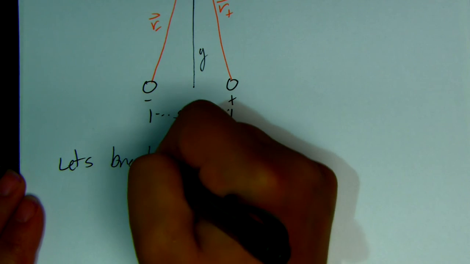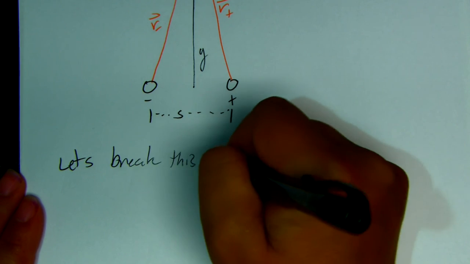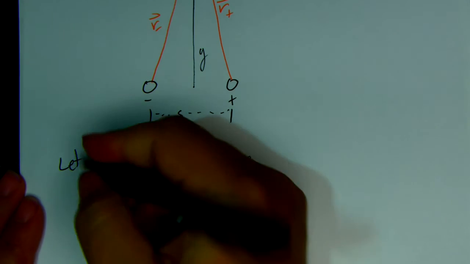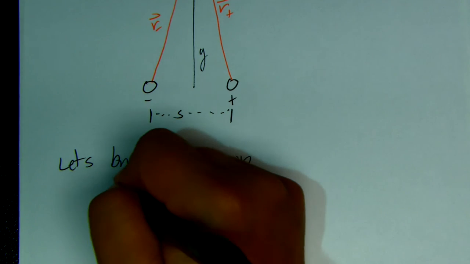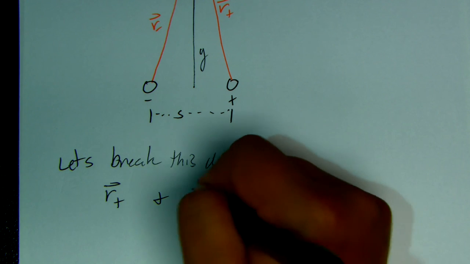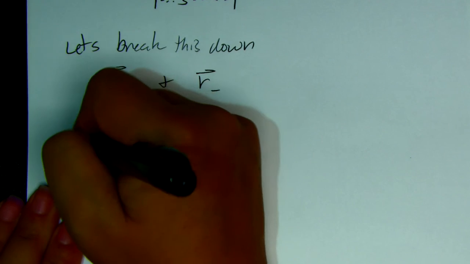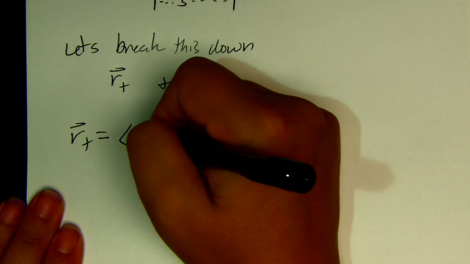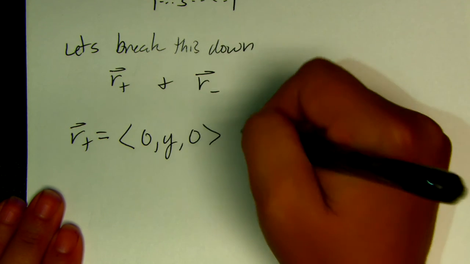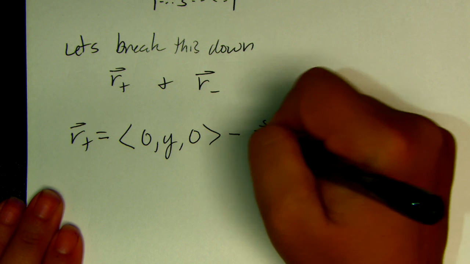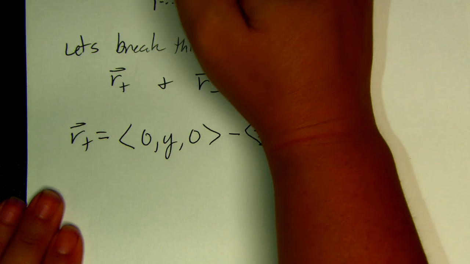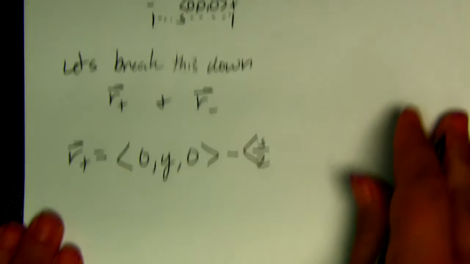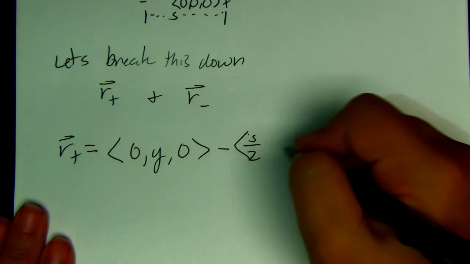All right, so we need an equation though. So let's break this down. Once again, we want to find r positive and r negative. This is y, so it's 0, y, 0, minus S over 2, 0, 0, where the middle is at 0, 0, 0.